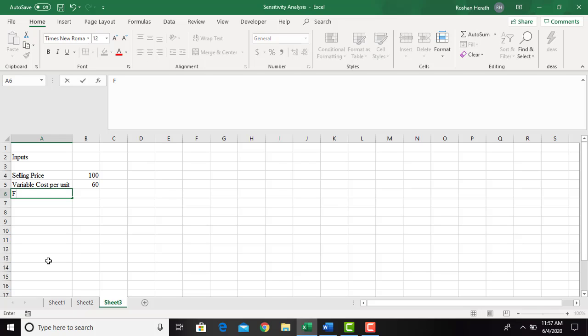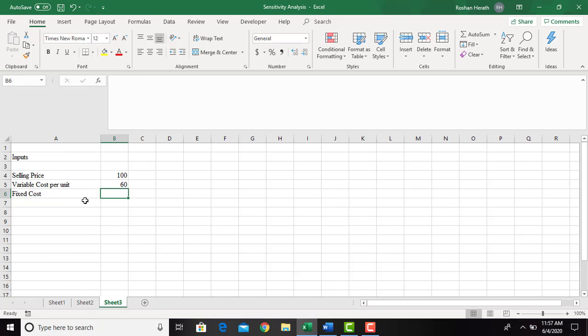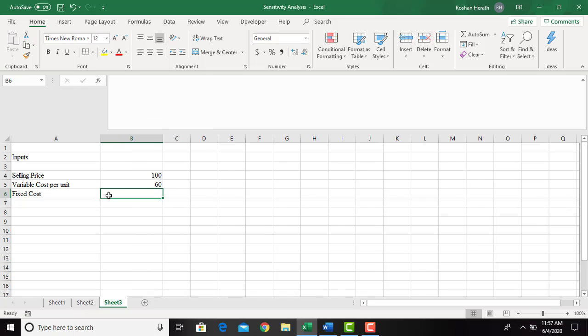We call it fixed cost. Let's say to operate, we have a fixed cost of rupees 200,000 per month.